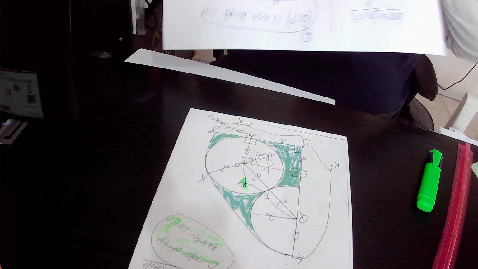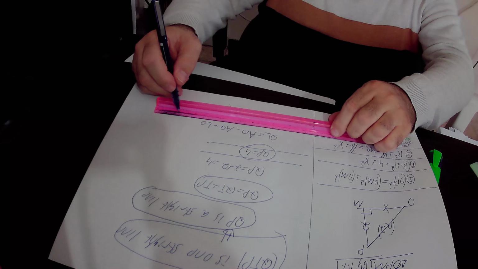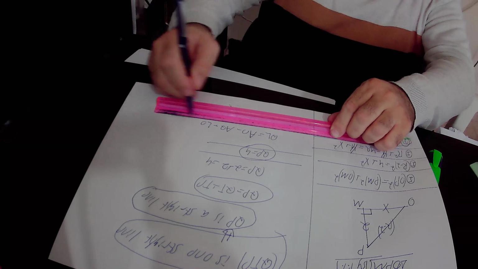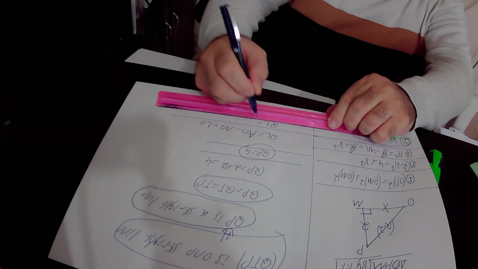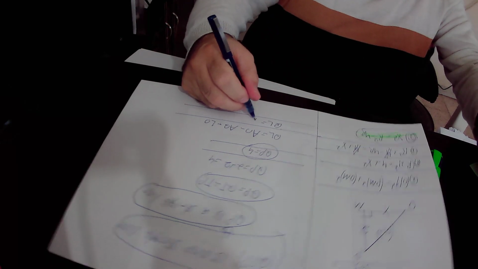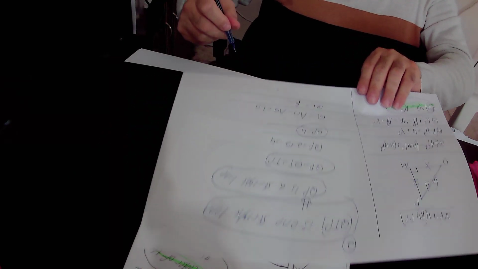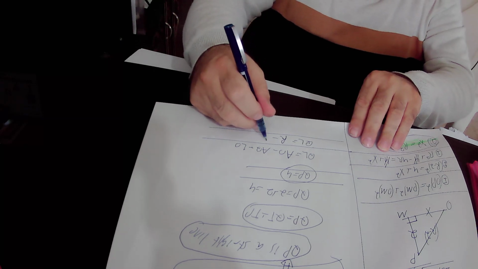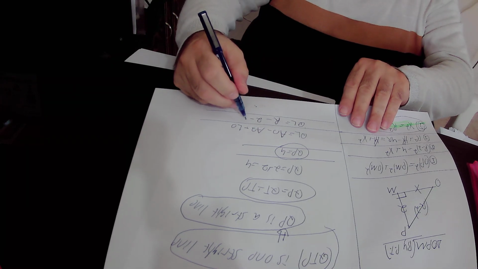Repeat again, the length of line segment QL equals AO, that is the radius of the quarter circle, equal to capital R, minus AQ, that is the radius of the semicircle, equal to 2, minus LO, that is equal to 2 units.